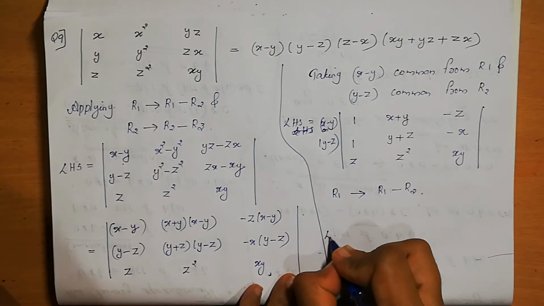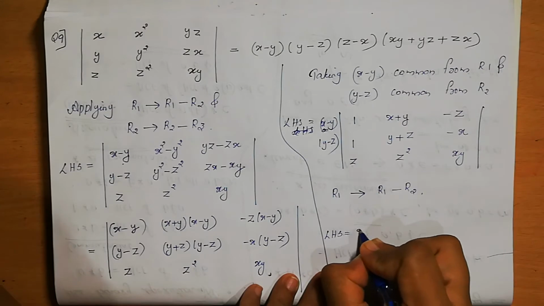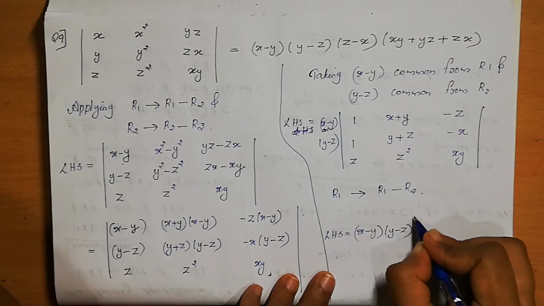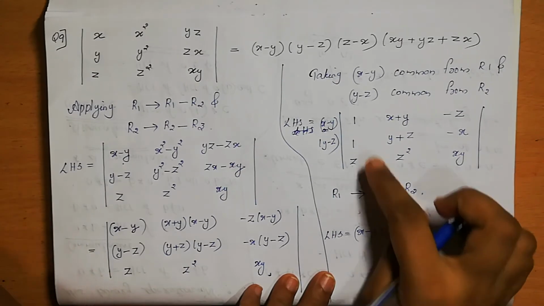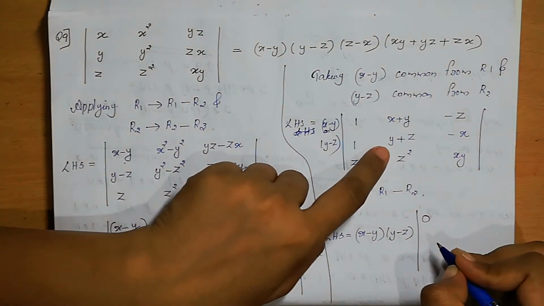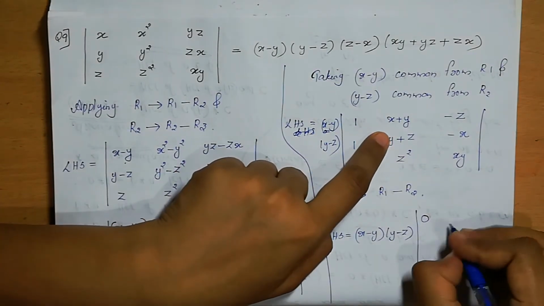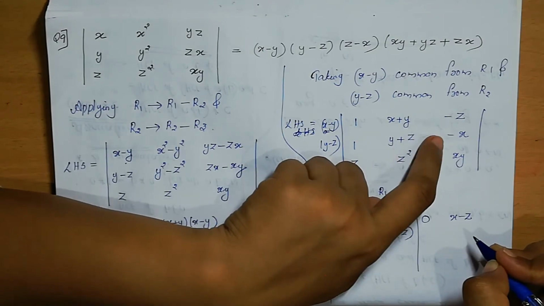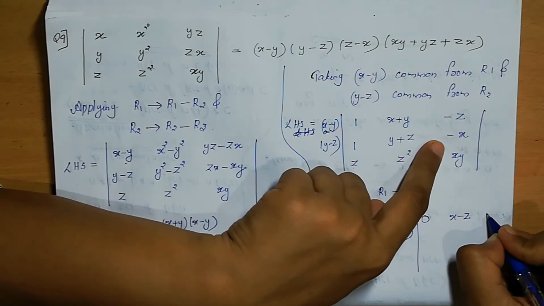So LHS equal to x minus y, y minus z, R1 minus R2. So 1 minus 1 is 0. X plus y minus z. So minus minus cancel. What we will get? X minus z. Minus z minus minus x, that means x minus z.